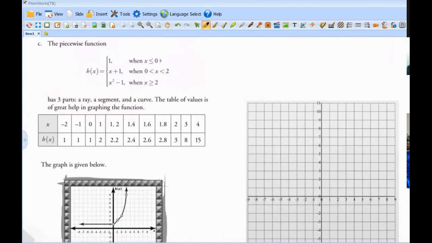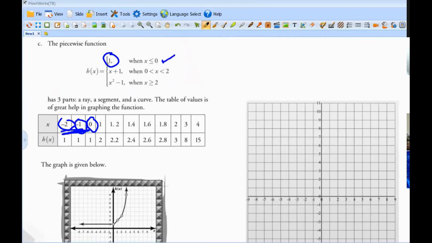Less than or equal to 0. Okay, what are the numbers less than or equal to 0? These are 0, -1, -2. If you put those numbers, you will use this. Where does it lie on our equation?